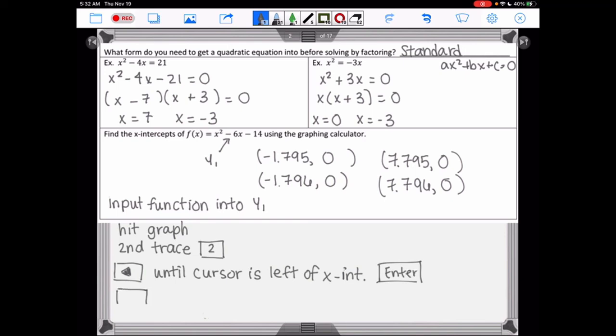Then you're going to hit the right arrow until the cursor is to the right of the x-intercept and hit enter. And then on the TI-84 app, that will then give you the x-intercept. On the TI-84 calculator, you need to hit enter one more time.